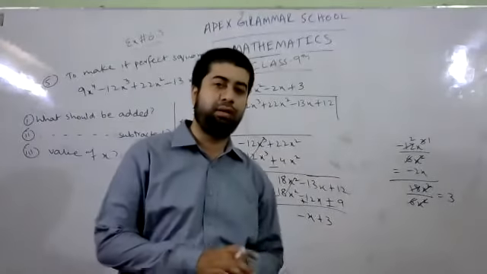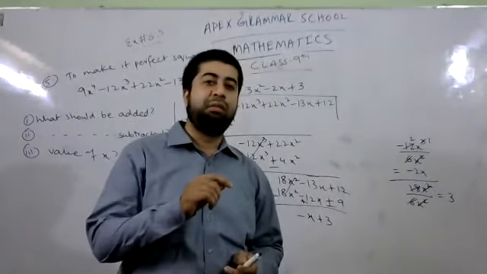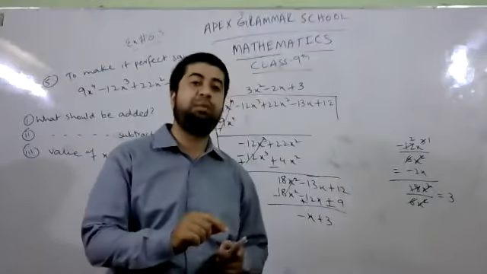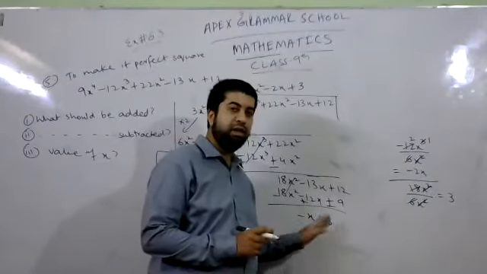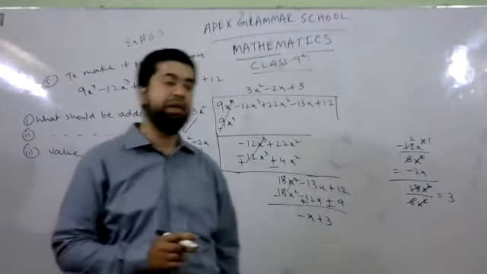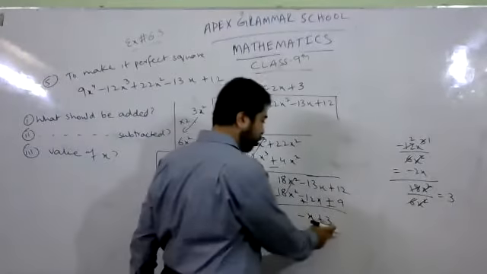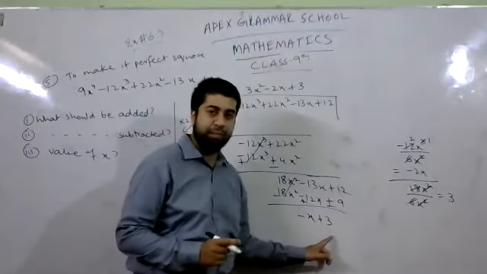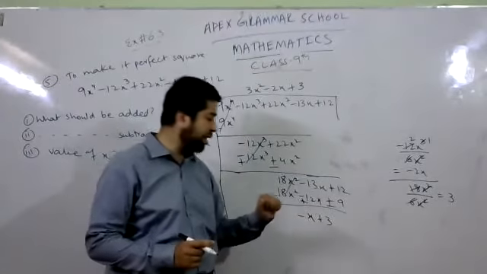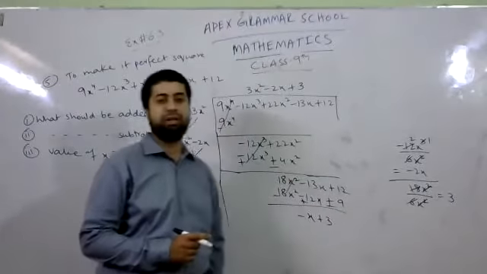What should be added here? Plus x will be added here. And this is plus 3, so minus 3 will be added here. That is to say, to make it a perfect square, plus x and minus 3 will be added, because plus x will cancel this minus x and minus 3 will cancel this plus 3.